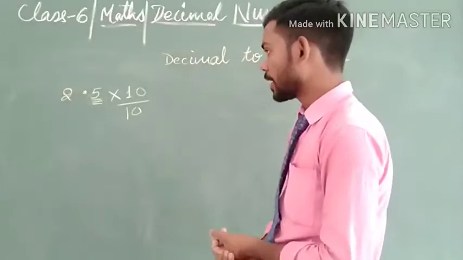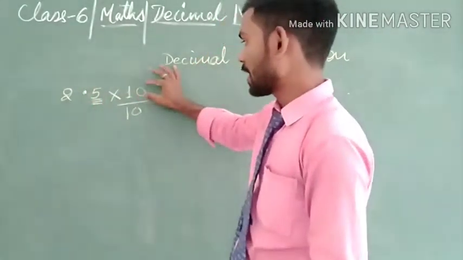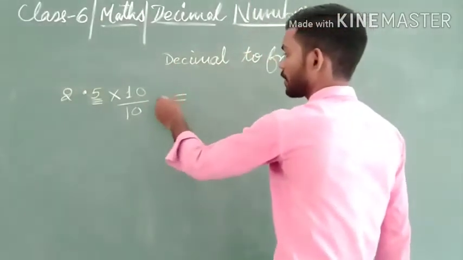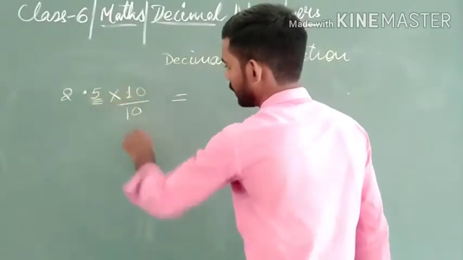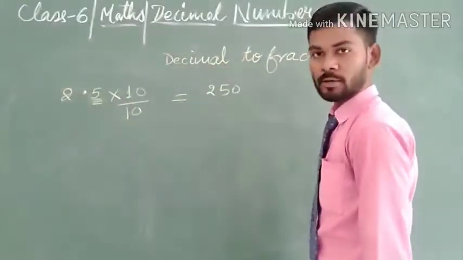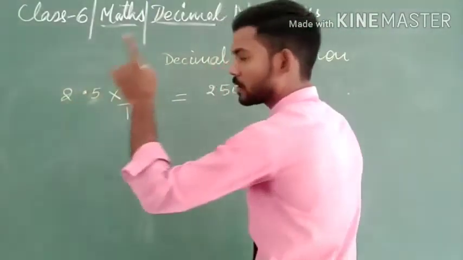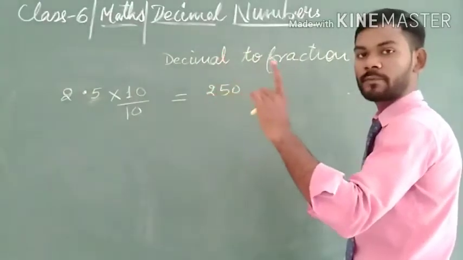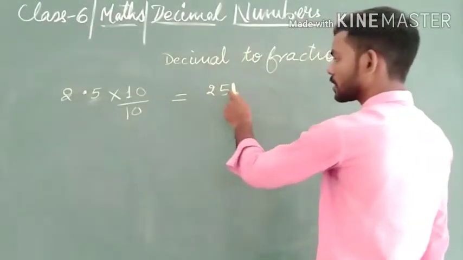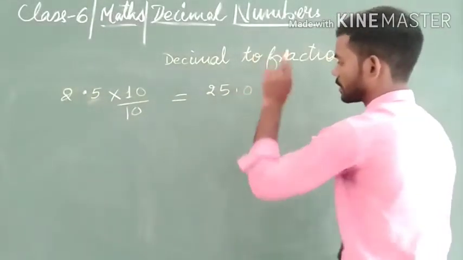Therefore here I multiply the given decimal number 2.5 by 10 as well as divide by 10, and here we get, whenever we multiply the decimal number by 10, 25.0. But here we can see that the decimal is put one digit from the right. Therefore we shall also place the decimal in this number after one digit.